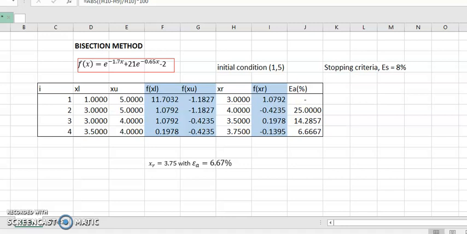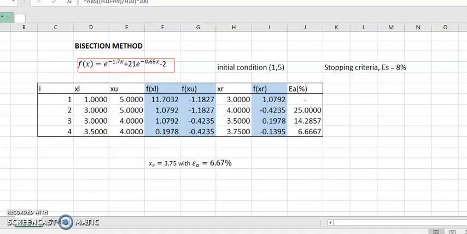If in this example you must use the false position method, the steps are the same as this one, except for the computation to find the XR. You must use the formula of the false position method. The rest are the same as this one. This is what I taught in class last time.